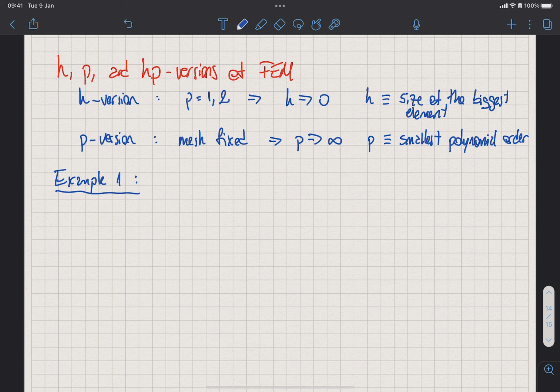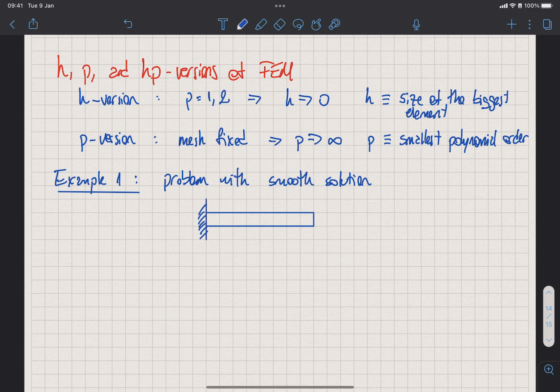In my first example, I have a smooth solution.